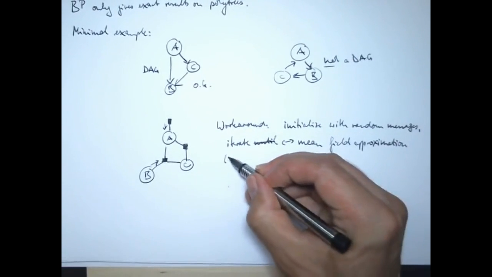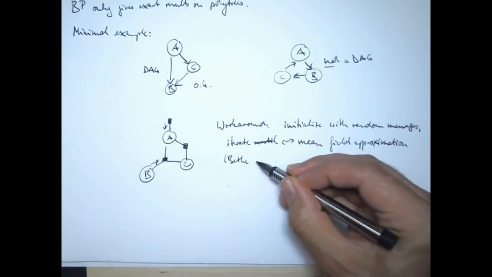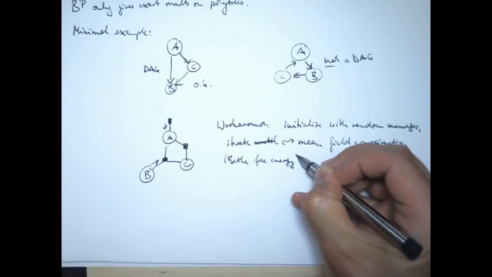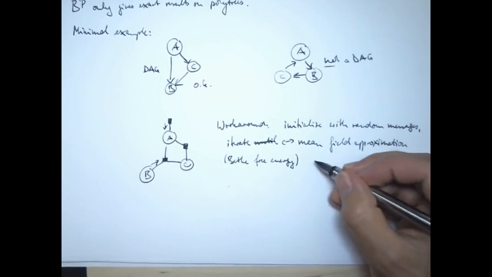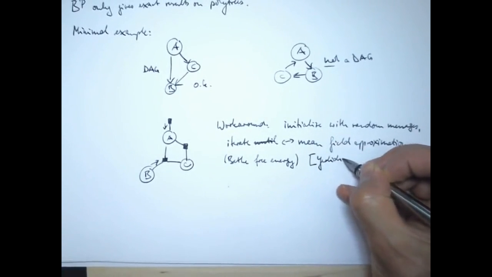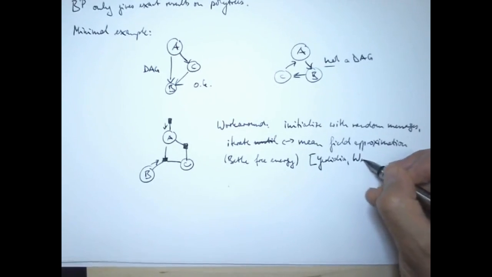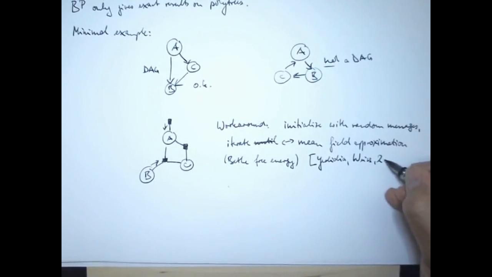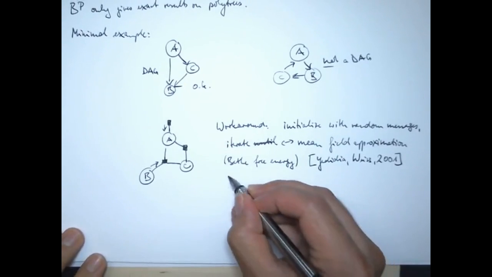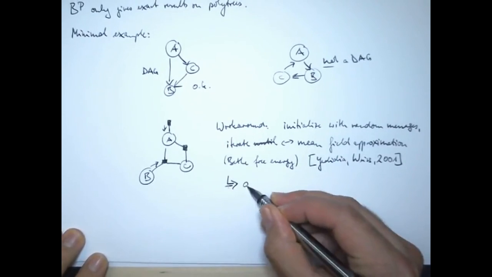So for the physicists, it amounts to Bethe free energy. And there is a nice paper about this by Yedidia and Weiss from, I think, 2001. Okay, and taken together, this gives you only approximate inference.